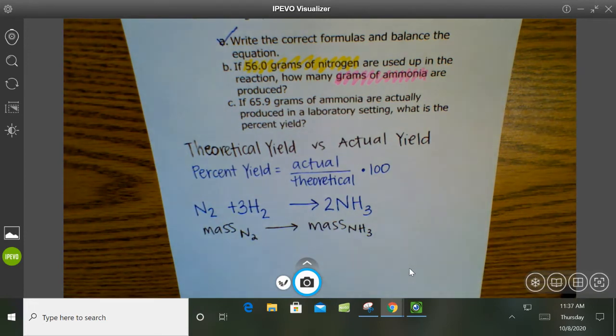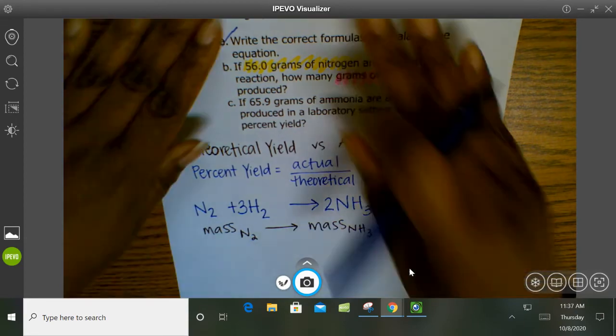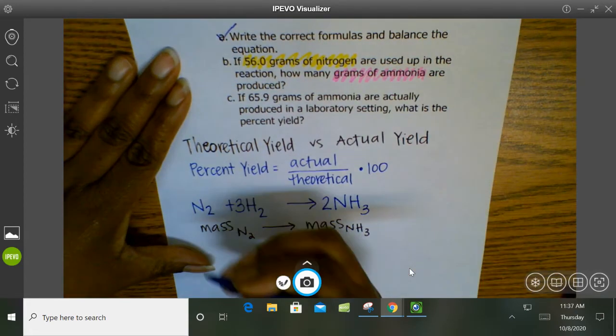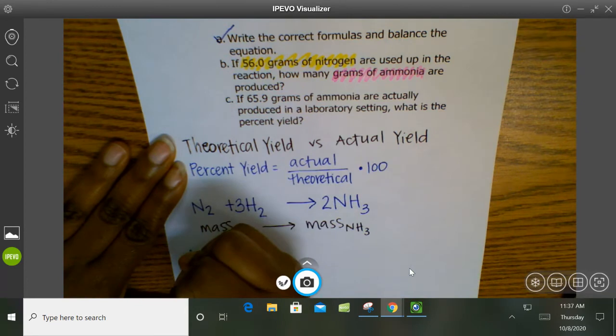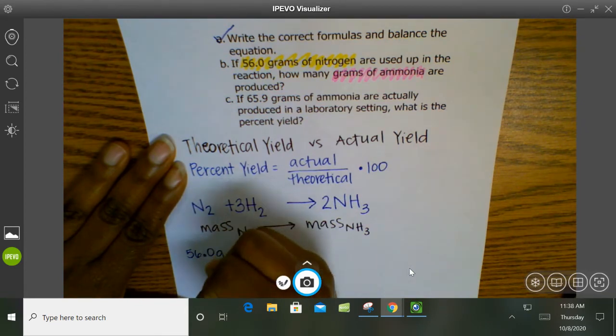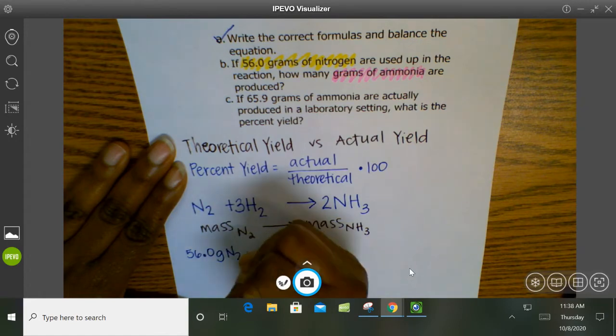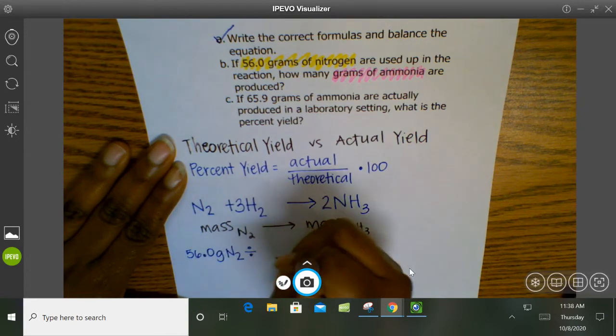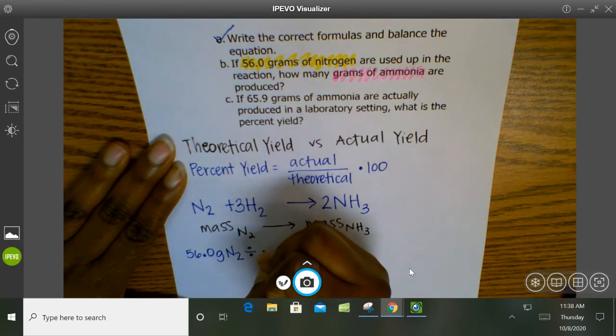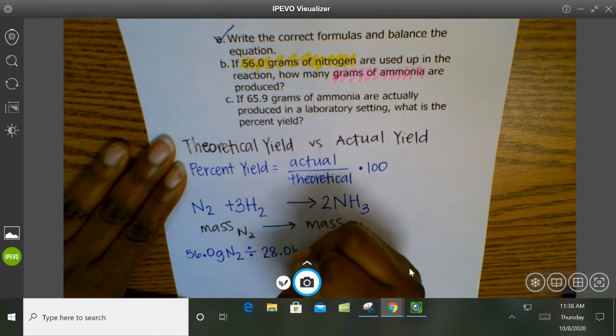And so what I need to do first is take my given amount of nitrogen, which is 56 grams. Okay, I'm going to convert that to moles of nitrogen by dividing by the molar mass. All right, and there's 2 N's, so that's why it's 28.014.